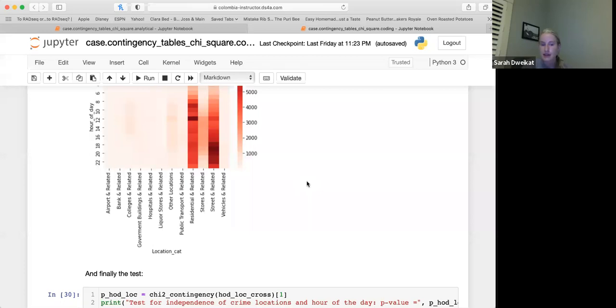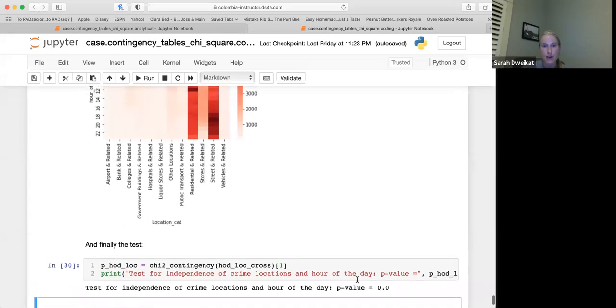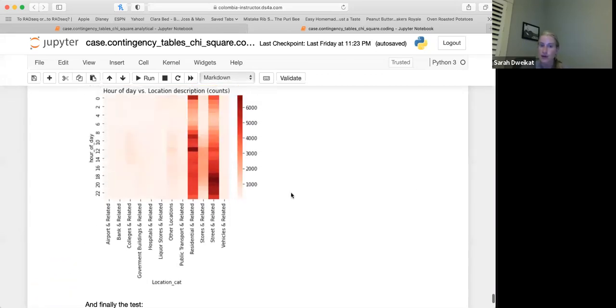This chi2 contingency is how you do your actual test, your chi-square test, that will tell you if there is an actual pattern in your contingency table, if it differs from your null hypothesis. Your crosstab makes your contingency table, and the heat map function is really helpful for showing you if there are patterns that arise.